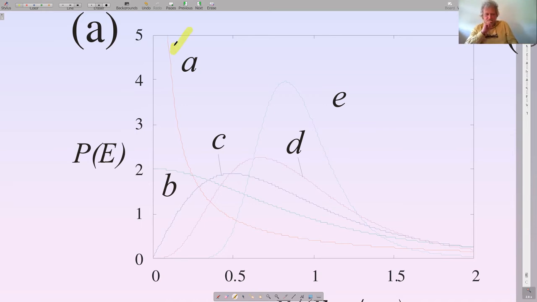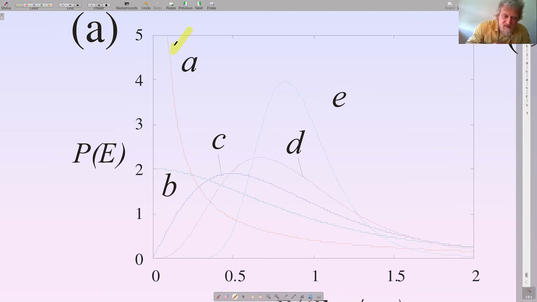Curve A. So you see it grows at zero energy, and in fact it becomes a delta peak at zero energy if you put the resistance to zero. That's what we expect for elastic tunneling.